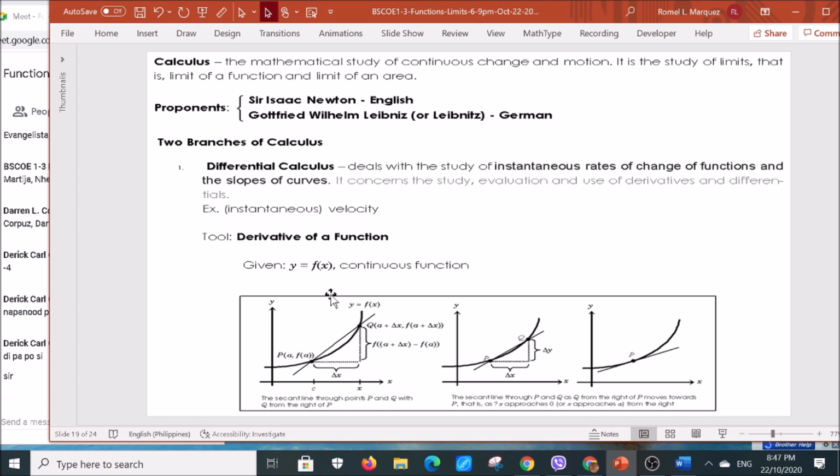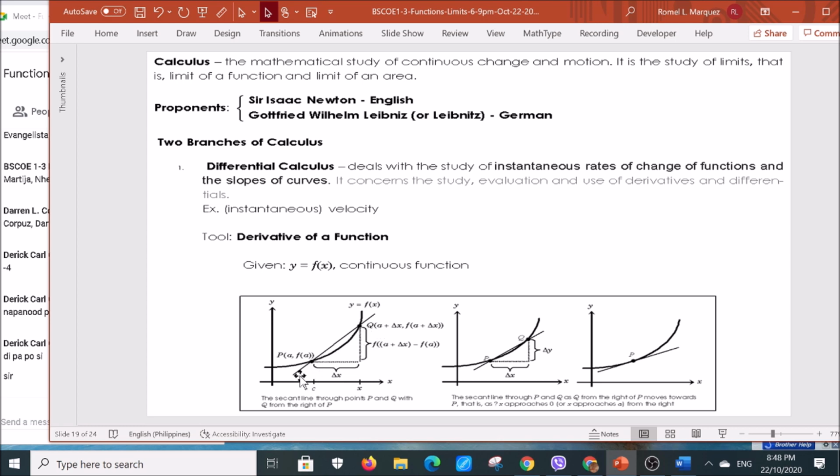Okay? So let's say you have a function y equals f of x with the condition that there is no hole, no break, on a certain interval. So the function is continuous on that interval. That's what we require for the function to have a derivative: continuity. So we now have this picture to represent the derivative.